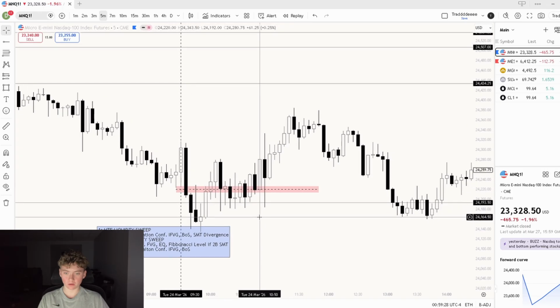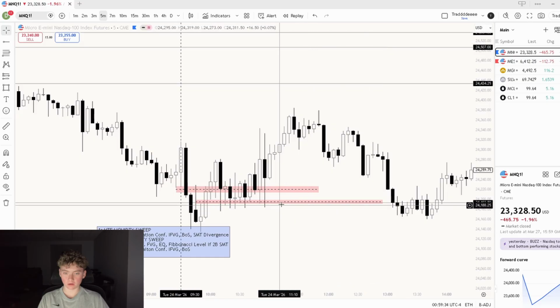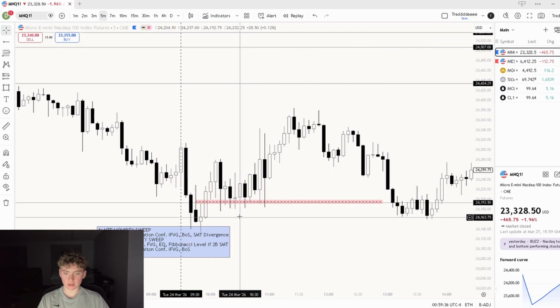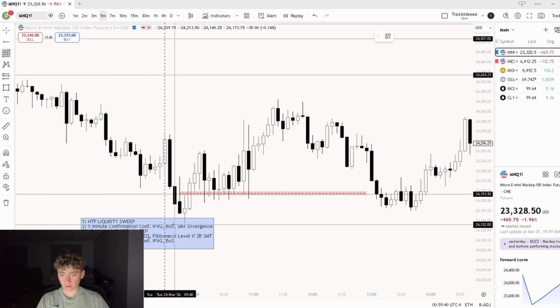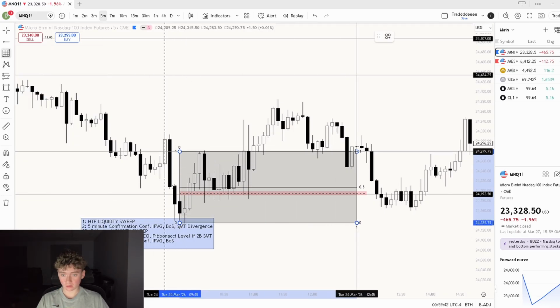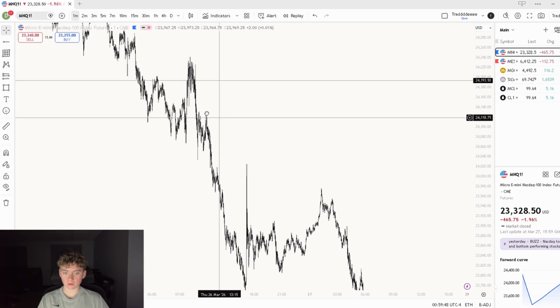Now let's go into step 3, which is look for a fair value gap to get tapped into, and we actually see we have a fair value gap right here that gets tapped into as well as we have equilibrium get hit. Yep. So that's step 3. We'll move on to the 1-minute.